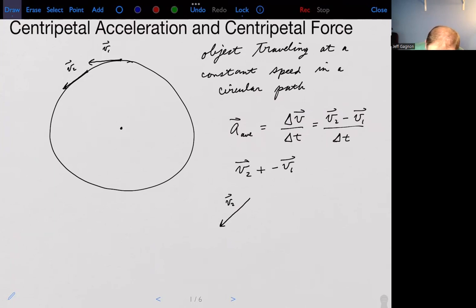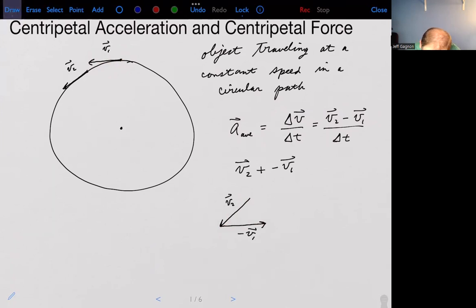If this is v1, pointing to the left here, then negative v1 is going to be a vector of the same length, but pointing to the right. So if I add negative v1 to v2, I put the tail of negative v1 at the tip of v2. So like this. This is really negative v1. So I'm adding tip to tail, right? I have v2 plus negative v1.